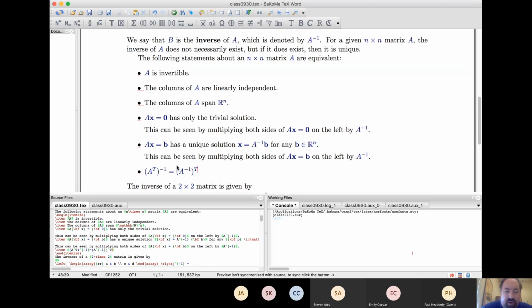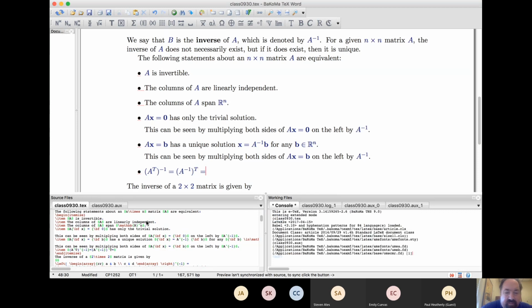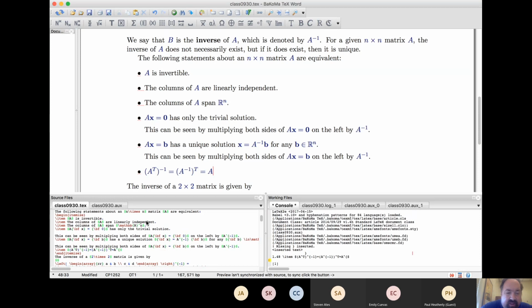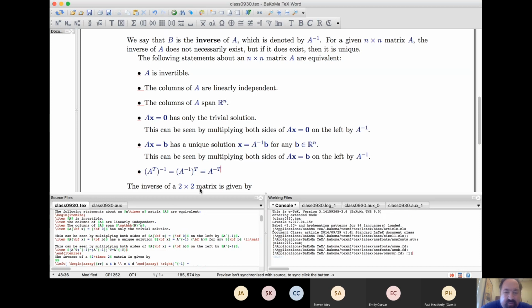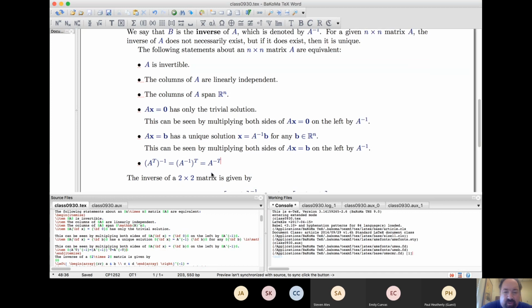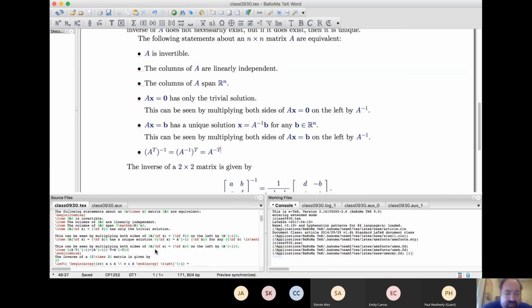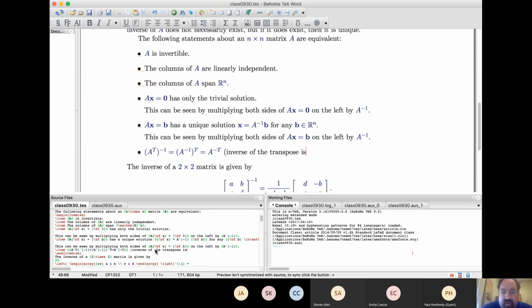So it doesn't matter in what order you perform these operations, taking the inverse or taking the transpose, the end result is the same, which is quite convenient. This results in some rather unusual notation, A to the minus transpose. So this is the inverse transpose or transpose inverse. Again, it doesn't matter. But this is a way to express either one of these matrices more concisely.